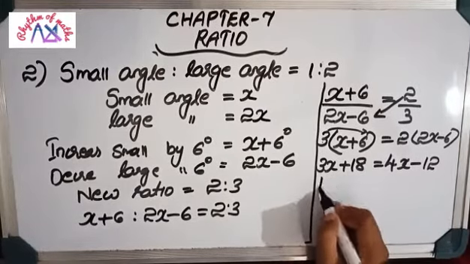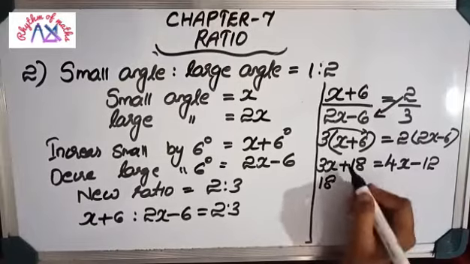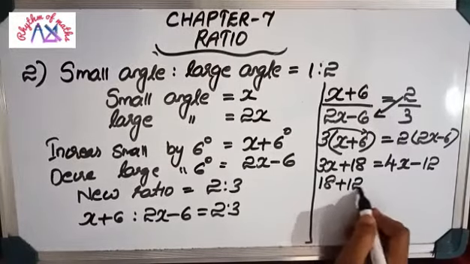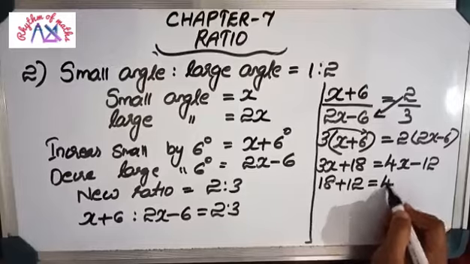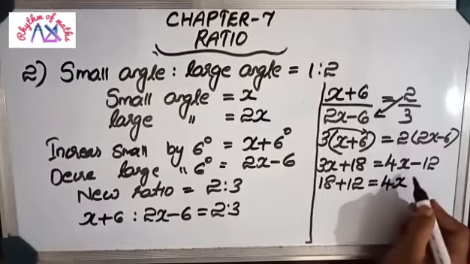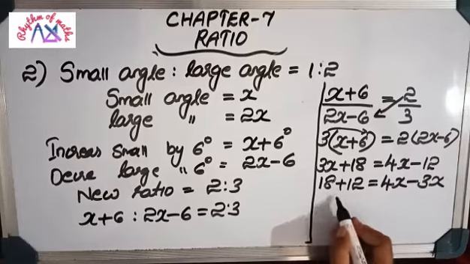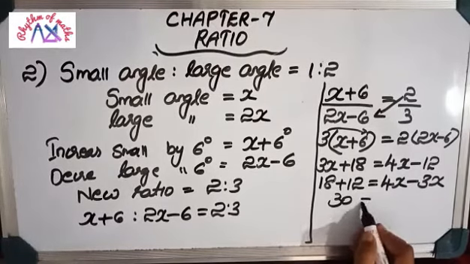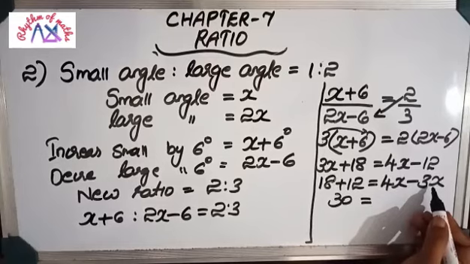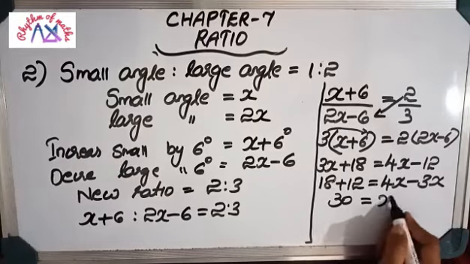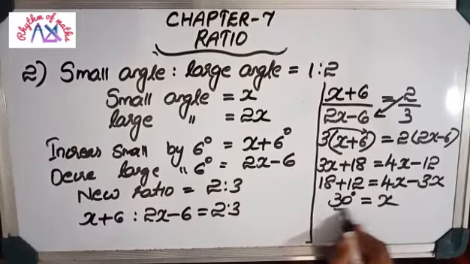So here the remaining value is 8... minus 12 comes to this side, it is plus 12, equal to 4x, and 3x coming to this side is minus 3x. So 18 plus 12, that is 30, equal to 4x minus 3x, which is 1x. So x equals 30 degrees.